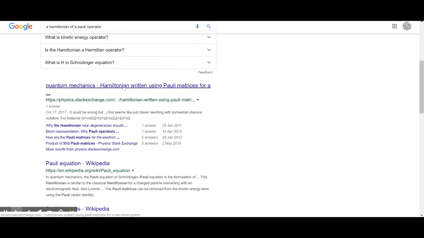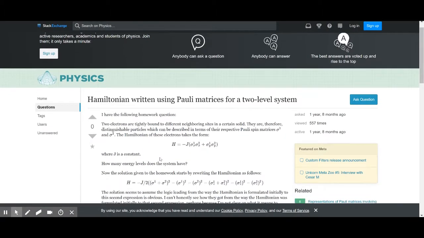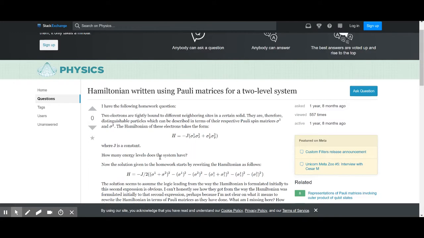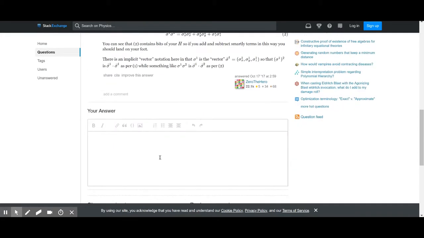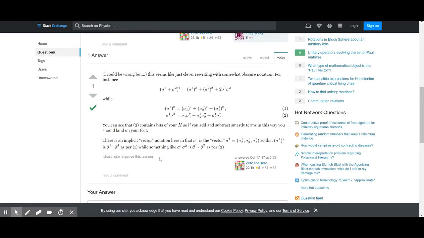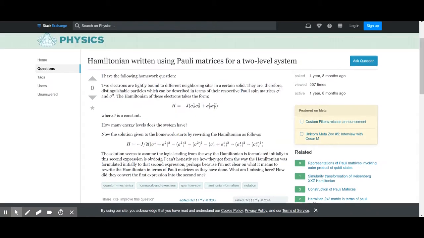Hamiltonian written in terms of the respective Pauli spin matrices for a two-level system. Maybe that's the answer.